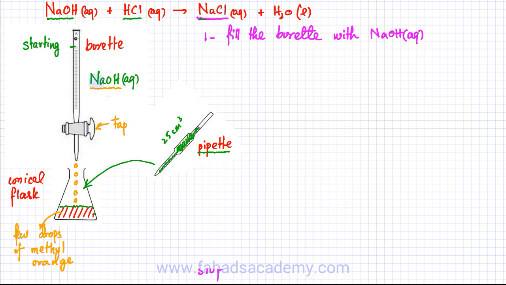You can fill the burette with HCl and you can fill the flask with NaOH. So I have filled the burette with NaOH, and I'm going to use a pipette to fill 25 cm cube of HCl into the conical flask. So what you're going to write is you're going to pipette 25 cm cube of HCl in the conical flask.